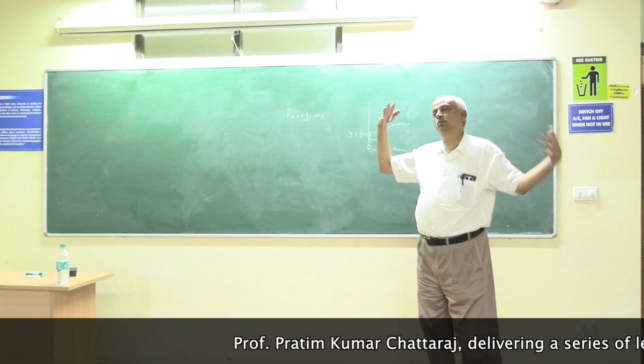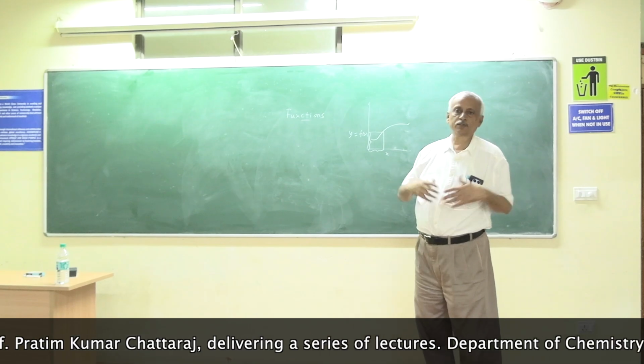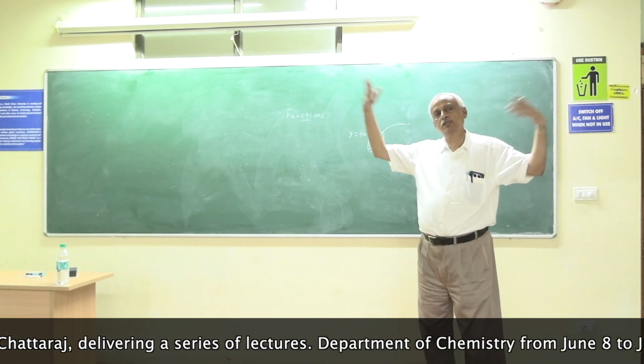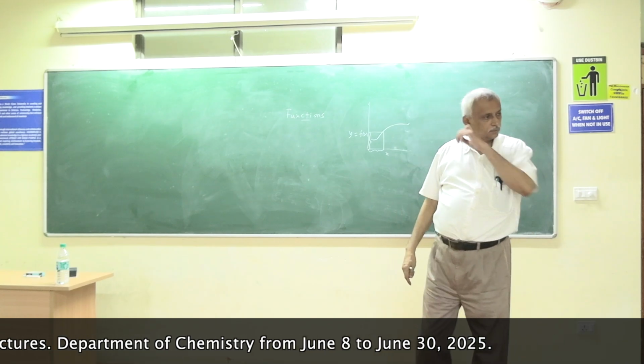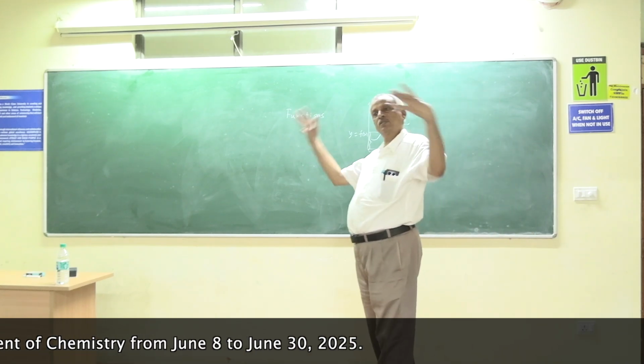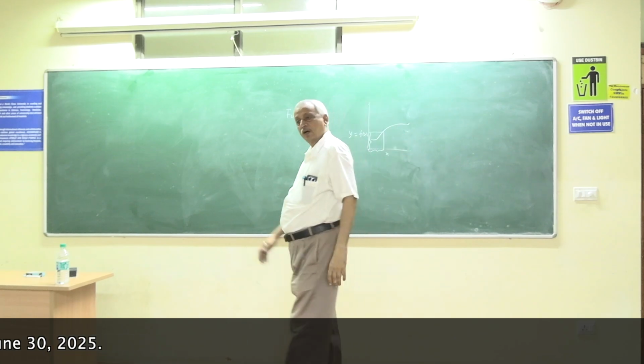Now this is a function of only x, but I can get a function of x, y, z, and ultimately a function of 3n variables. So you get a 3n dimensional function space now, not a vector space, but a function space.